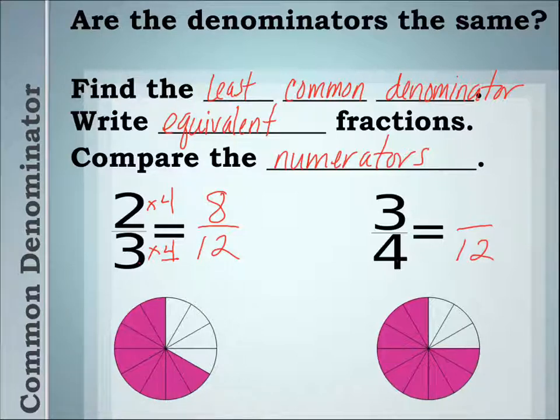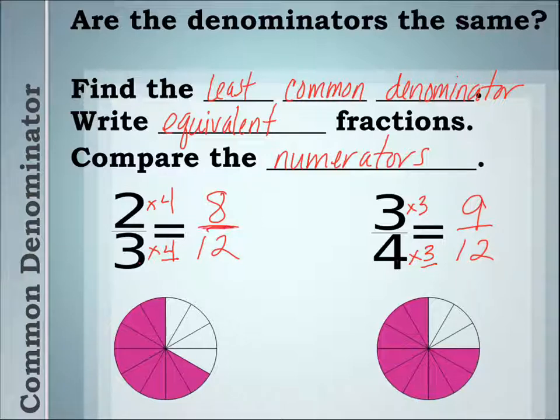Now I need to do the same thing over here with 3/4. What times 4 is going to give me 12? Well, that's going to be 3. So I know that I can multiply 3 times 3 and get 9. Remember, whatever you do to the denominator, you have to do to the numerator. Now I can just compare by looking at those numerators.